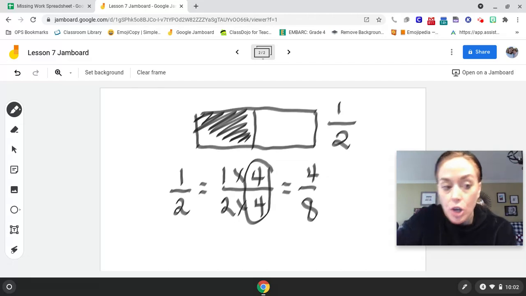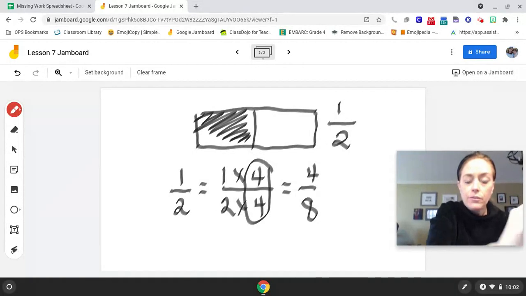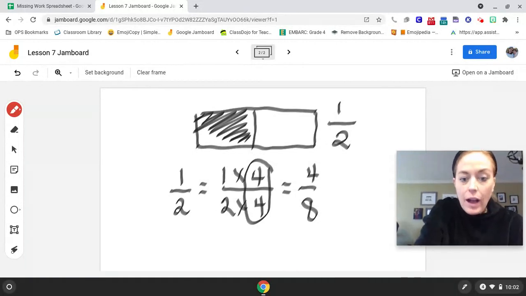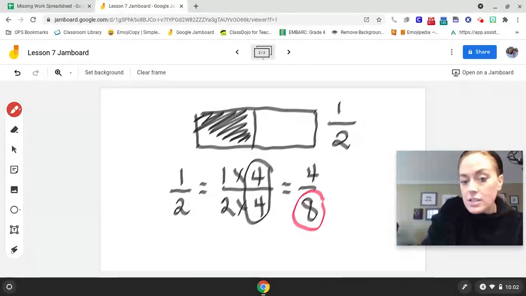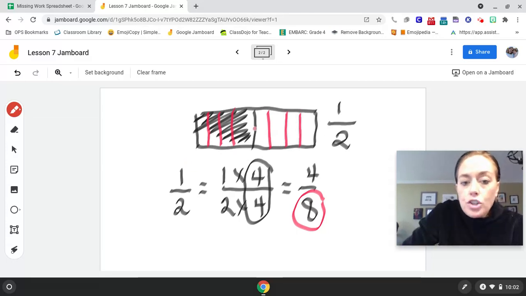Now, how can I show that on my tape diagram? Well, I would have to make 4/8, right? So now I want to divide it into 8 total pieces. And 4 should be shaded in because 4 is my numerator.